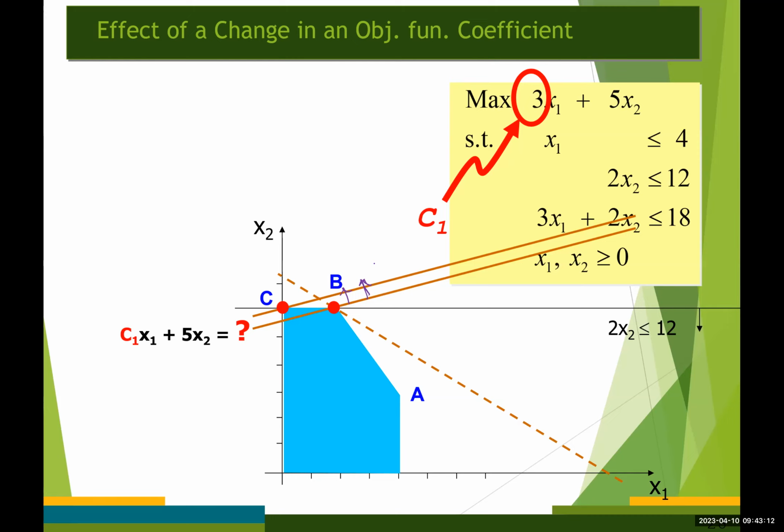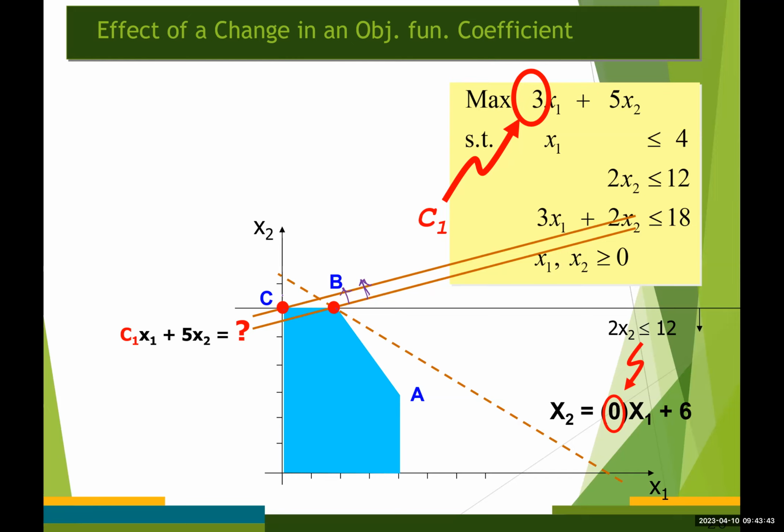So we may say that if a change in C1 value causes the slope of the isovalue lines to become positive, then the optimal point will change from point B to point C in this case. And the slope of the plant number 2 constraint is 0, right?